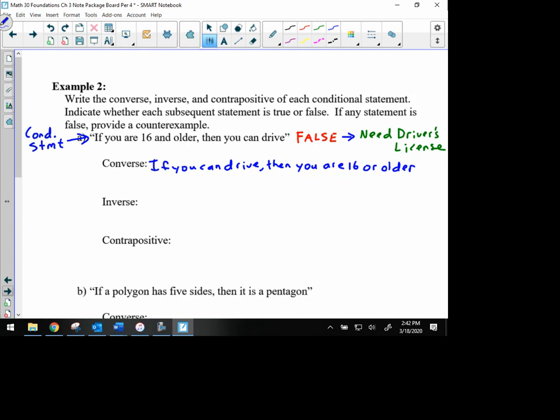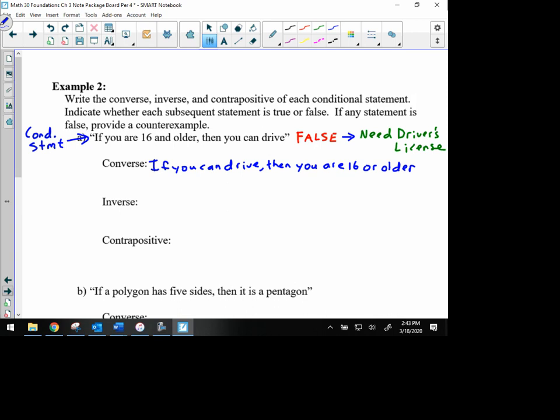So let's think about what this means here. If you can drive, so we think about somebody driving, could be you. Does that person have to be 16? Does it automatically mean that person is at least 16 or older? So you think about any driver that's on the streets out there driving around. Yes, they would have to be 16 or older. And again, there's some interpretation.